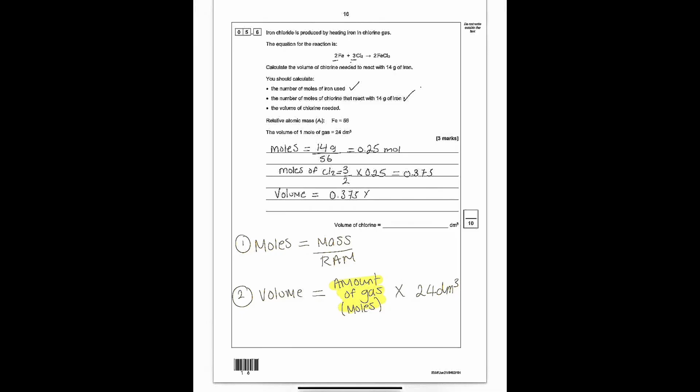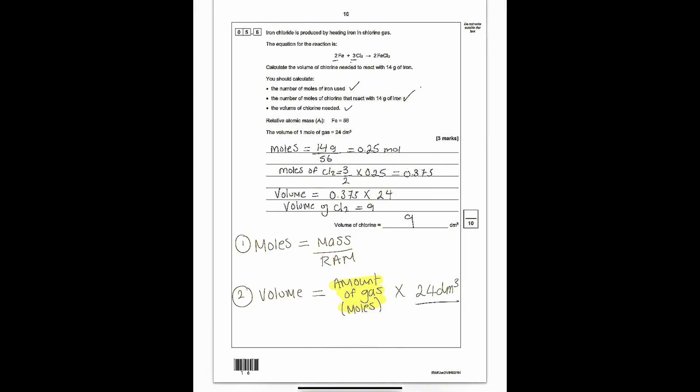We're going to multiply that by 24 decimeter cube because we got that from over here, and that is going to give you an answer of, so volume of chlorine is going to be 9 decimeter cube. That's going to be your answer, and that is it. That's all you need to do.